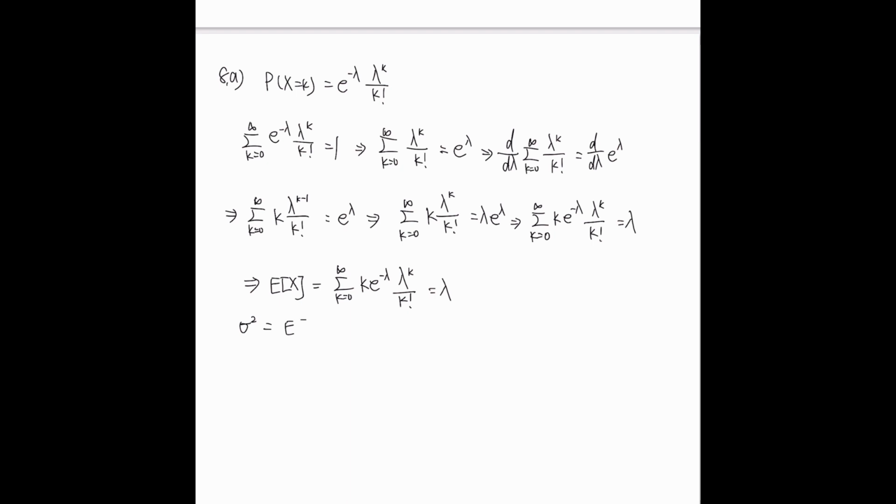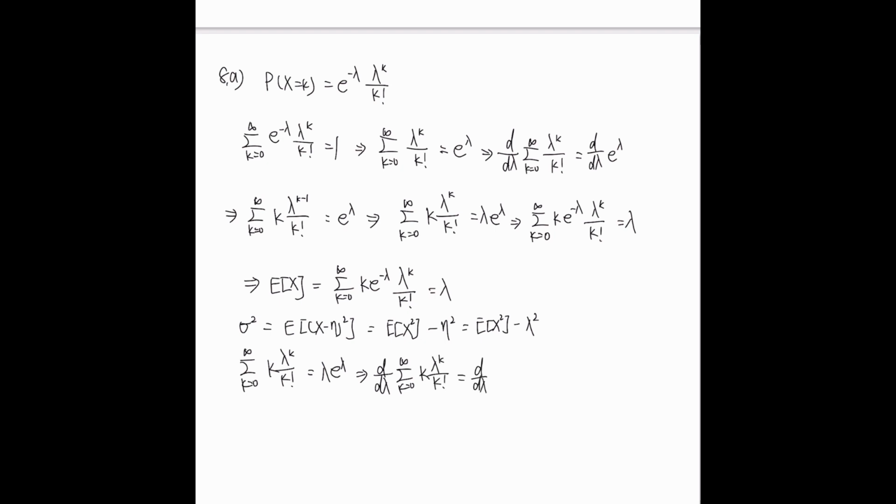Sigma squared equals E of (x minus eta) squared, which equals E of x squared minus eta squared, which equals E of x squared minus lambda squared. The sum of k lambda^k over k factorial equals lambda e^lambda. Taking d over d lambda of the sum of k lambda^k over k factorial equals d over d lambda of lambda e^lambda, which equals e^lambda plus lambda e^lambda. So the sum of k squared lambda^(k-1) over k factorial equals (1 plus lambda) e^lambda. So the sum of k squared e^(-lambda) lambda^k over k factorial equals (1 plus lambda) lambda.